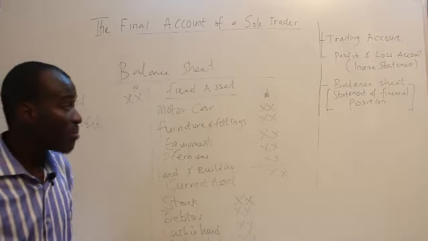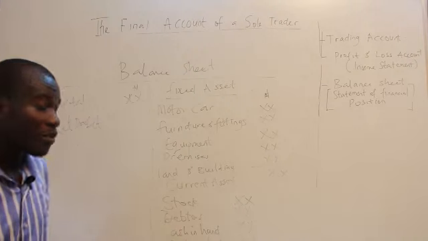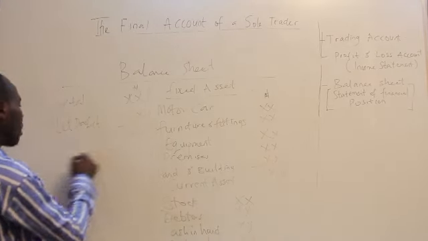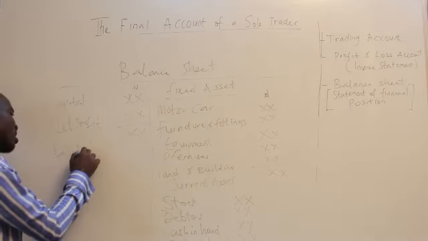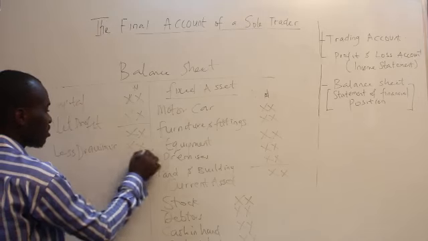The net profit made by the business represents the proprietor's share within the period. So we can add our net profit to it. Thereafter, we can deduct the drawings, which serve as remuneration to the proprietor.